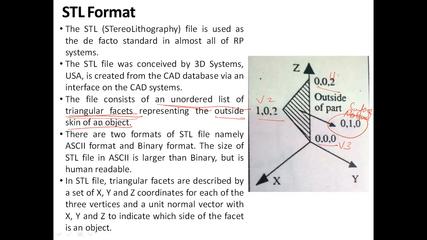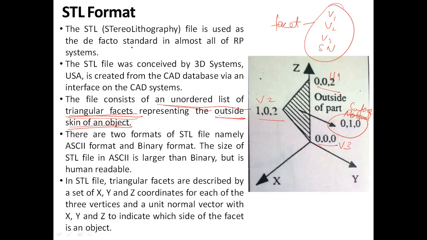So it does not reflect whether the object is hollow, completely solid or partially solid. It basically reflects the list of facets, and each facet is represented in terms of three vertices and the surface normal. So every facet will contain this information, and this information reflects the outside skin of the object.